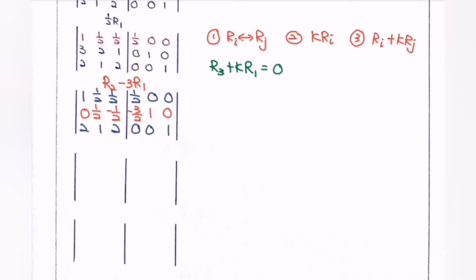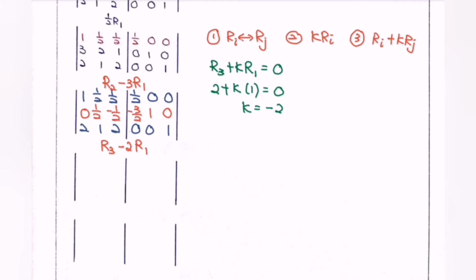So kindly substitute the value for that column, which is the first column, and we have the value 2. Plus, we have K, the row 1, which is equal to 1, and equal to 0. Kindly rearrange the situation, and we have K equal to negative 2. So kindly write the formula. So here we have the row 3 minus 2 row 1.